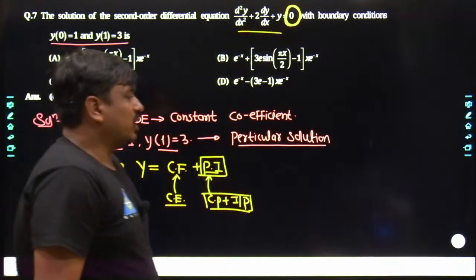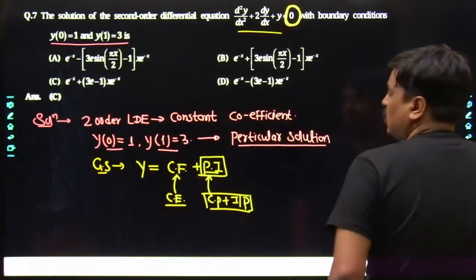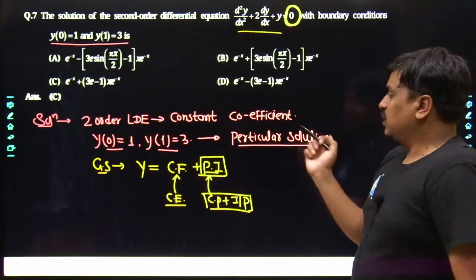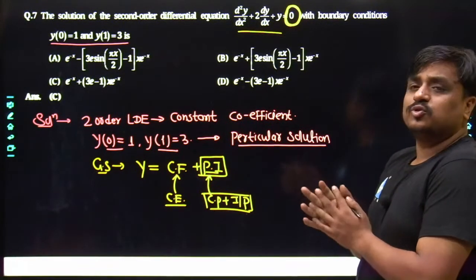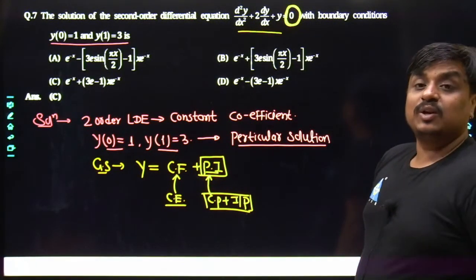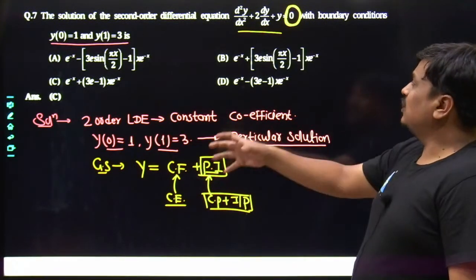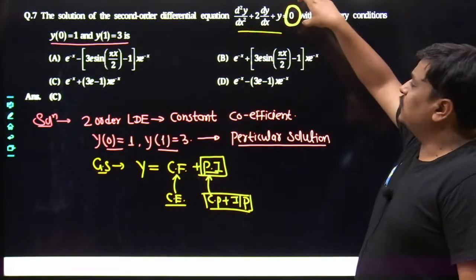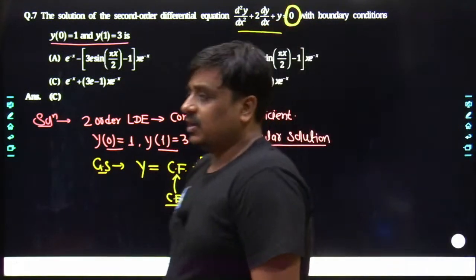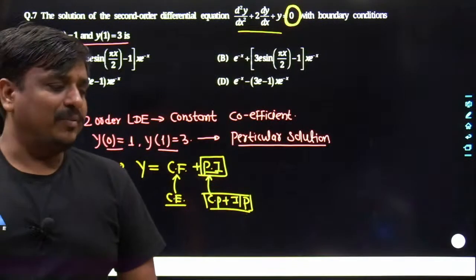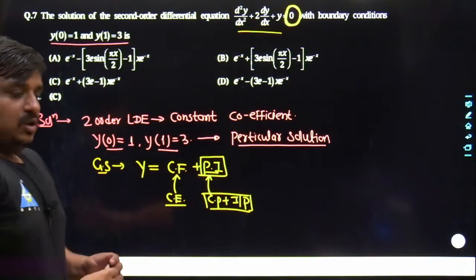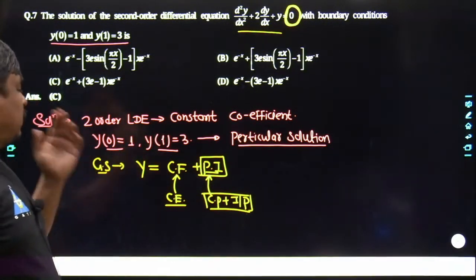Or if you want to recall, the general solution of the linear differential equation with constant coefficients is the complementary function alone if the equation is homogeneous in nature. What does it mean to be homogeneous in nature? The value of small r of x is 0. That means there is no input applied. So you just have to focus on the complementary function.